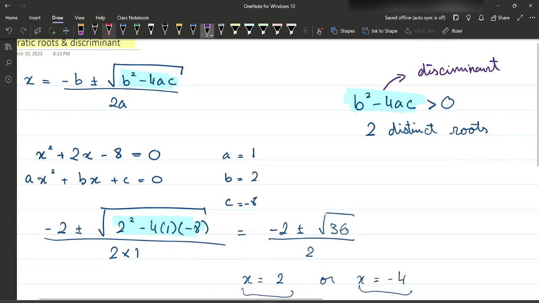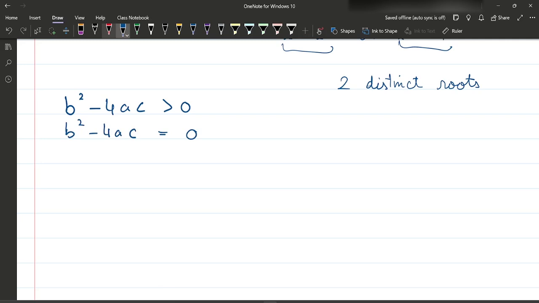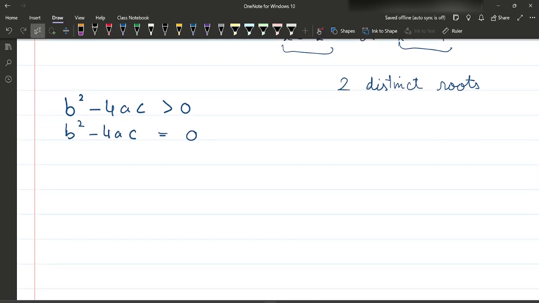Okay, it's very important. You're going to learn how to use this, and it's pretty simple. So here are a few facts. When b squared minus 4ac is greater than 0, you have two roots. When b squared minus 4ac is equal to 0, you have only one root, or a repeated root. You have only a singular root, such as x equals 3.